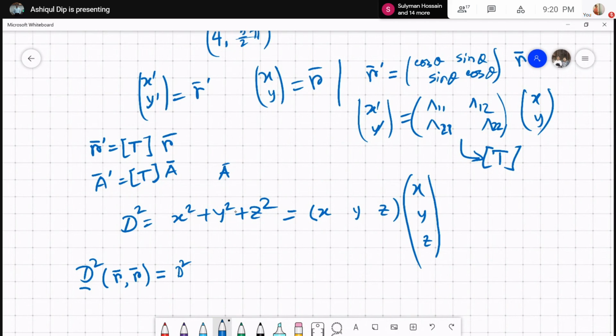This d squared is basically an operation where you substitute r in two slots. It takes two position vectors and produces a number, here the same position vector.